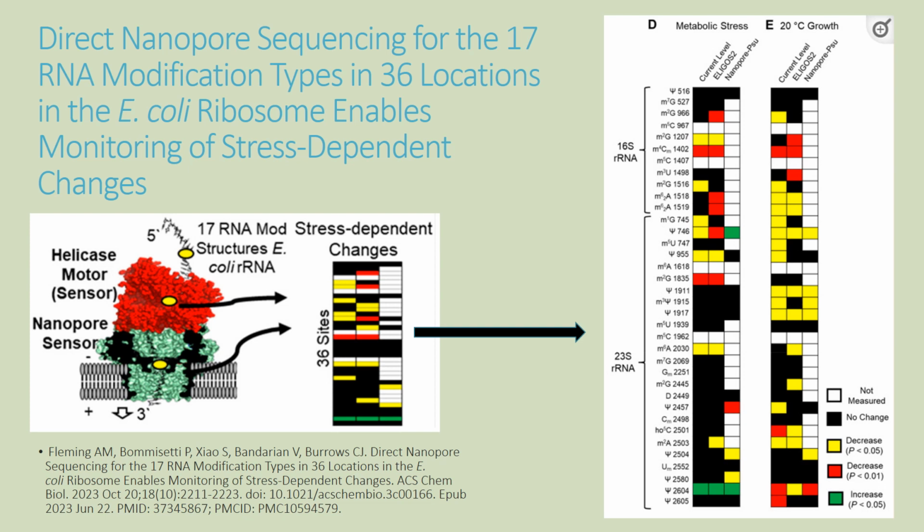In doing this, they also proved that direct sequencing for more than 16 RNA modifications in one strand is possible. If you look at the figure on the right, this shows changes in the E. coli rRNA modifications that were identified after metabolic and cold shock stress. These changes were color-coded in white, black, yellow, red, and green based off of t-tests of the RNA modification level changes between the normal growth and stress conditions.